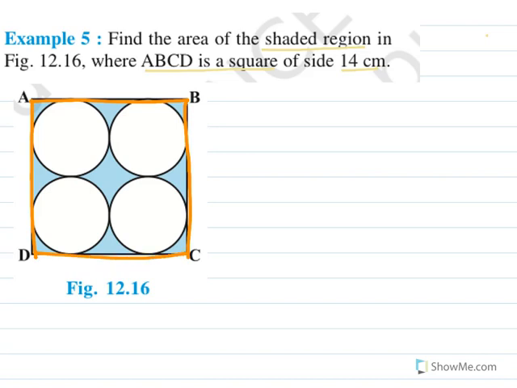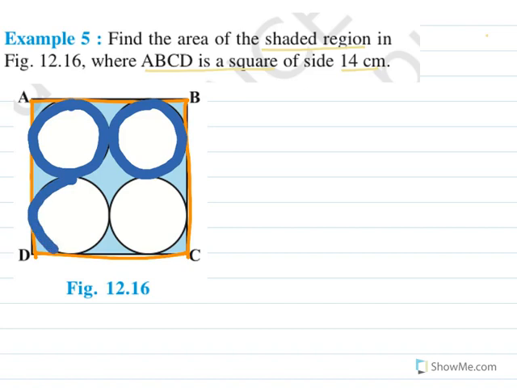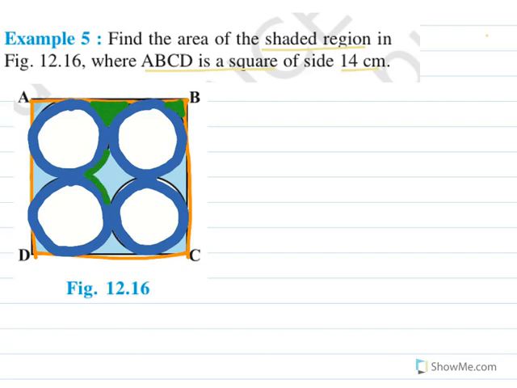After we find the area of the square ABCD, we will then find the area of these 4 circles. When we subtract the area of the circles from the area of the square, what remains behind will be the shaded region. This is the shaded region.